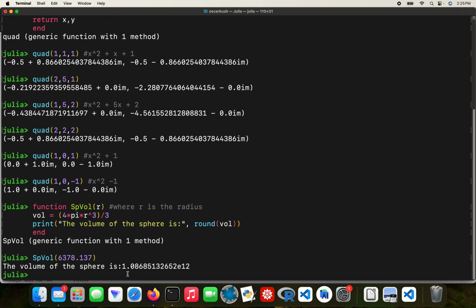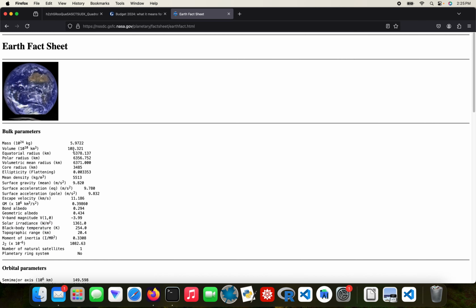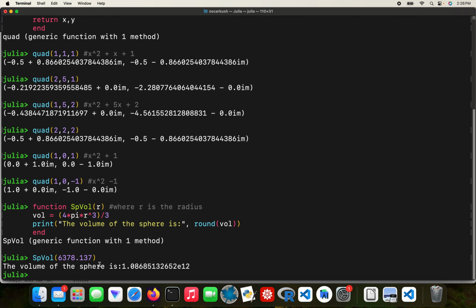So the volume of the sphere is 1.0868, yeah, 1.08321, but it's just rounding errors. You get the idea. That's the volume of the Earth, and I've just used that as the radius. Notice that it's not fully roundish. It's got sort of an ovalish shape, like an egg, because the polar radius and the equatorial radius are different. Not fully eggish, but you get what I mean.